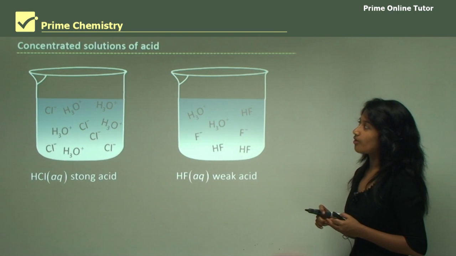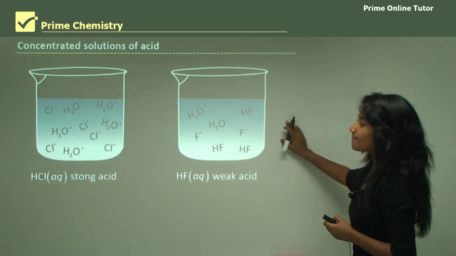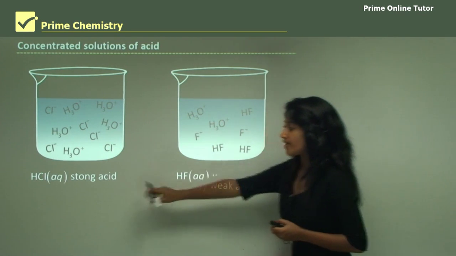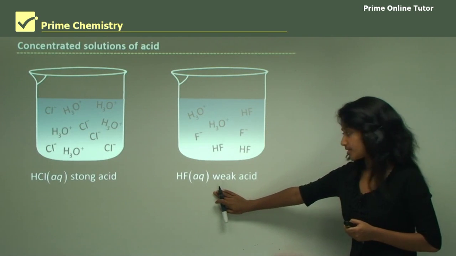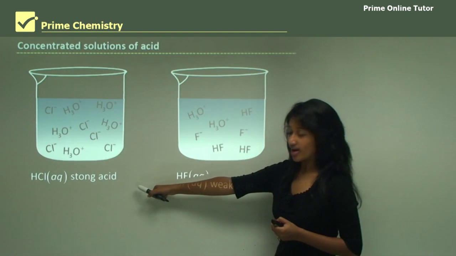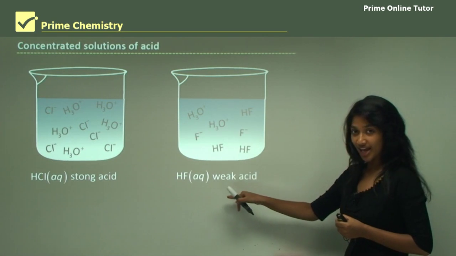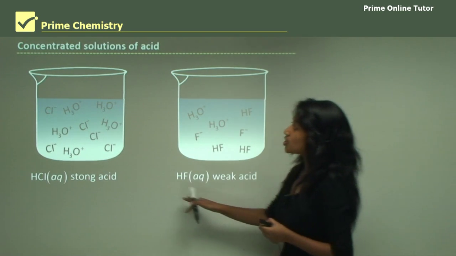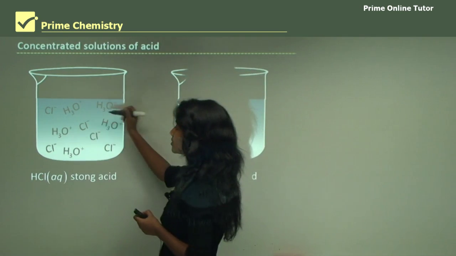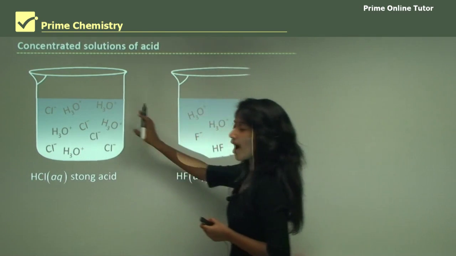Concentrated solutions of acid. So let's compare 2 different acids. We have HCl and HF. Hydrochloric acid is a strong acid, while HF, which is hydrofluoric acid, is a weak acid. As a strong acid, this would fully dissociate or ionize in water.